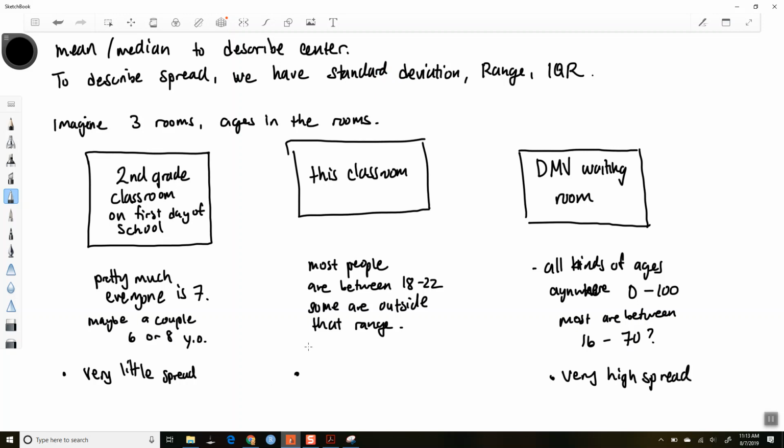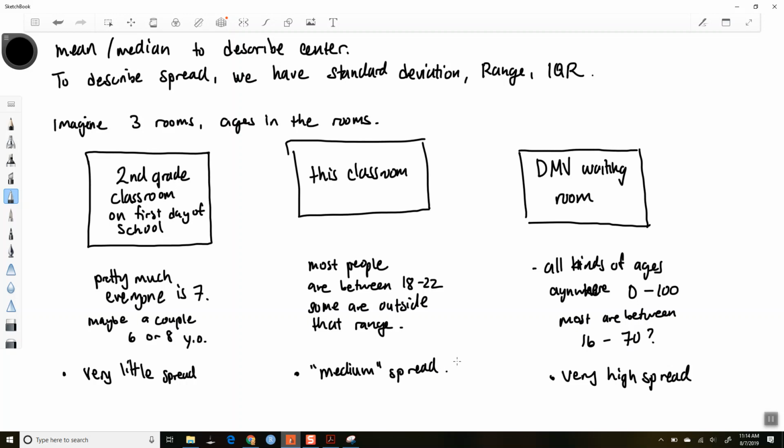And for this classroom, we would say medium low spread. I don't know what's considered low or high, but it's less than the DMV waiting room, more than the second grade classroom. Something like medium spread. I don't know, all right?